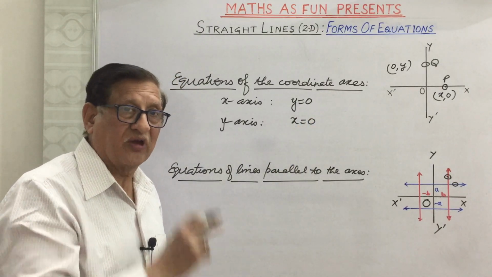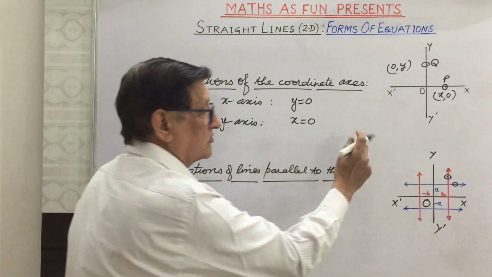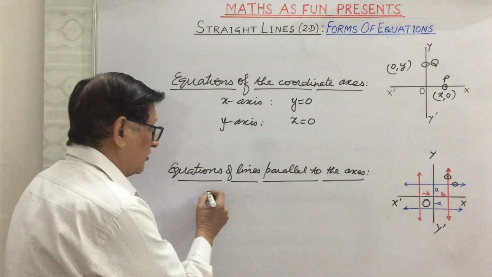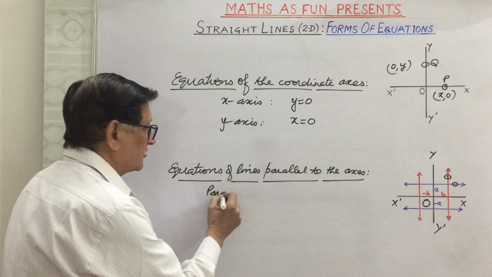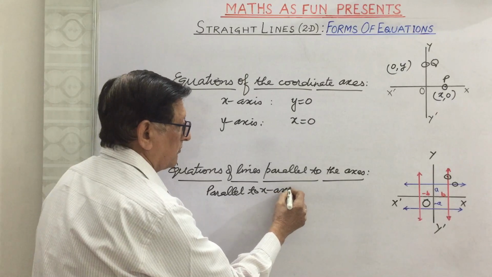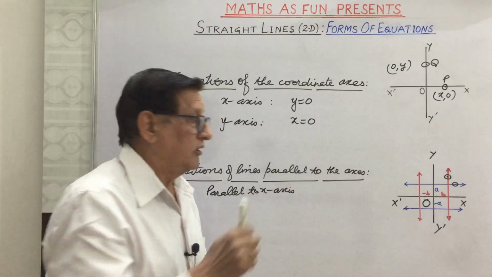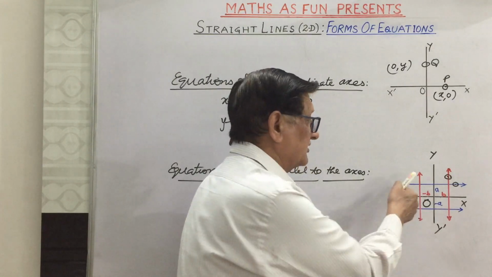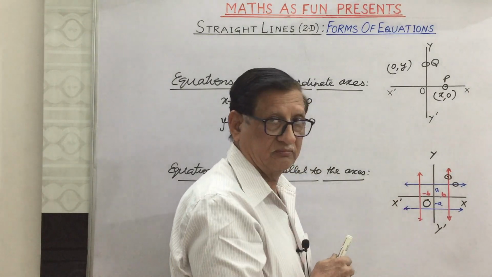After this, when we learn about the equations of the lines which are parallel to the axis, first we go for a line which is parallel to x-axis. We have here two lines which are parallel to x-axis at the distance a from the origin.